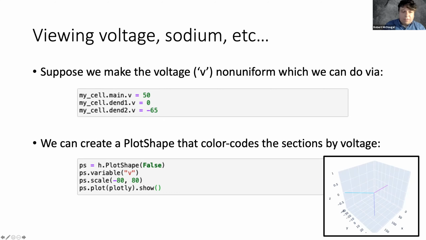I can show it, obviously. You can also pass in, like if you defined intracellular calcium in the endoplasmic reticulum using the RxD infrastructure, you can pass in that RxD object, and it'll plot intracellular calcium in the ER in your plot shape.